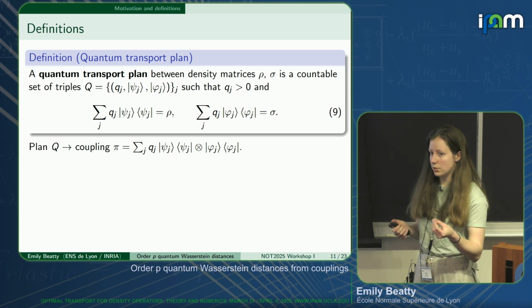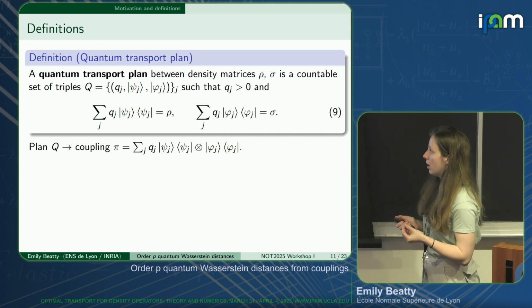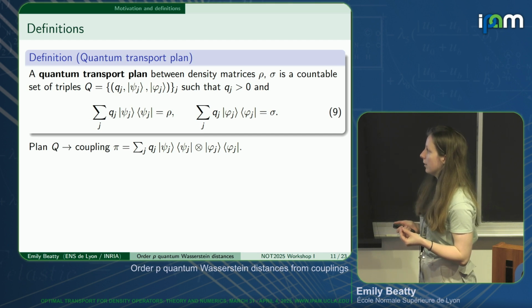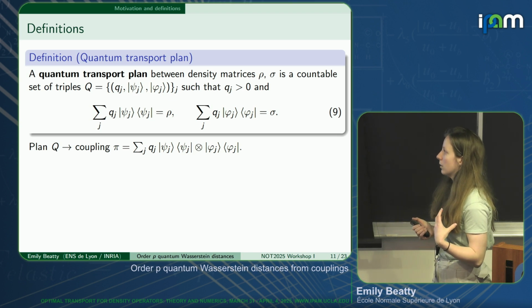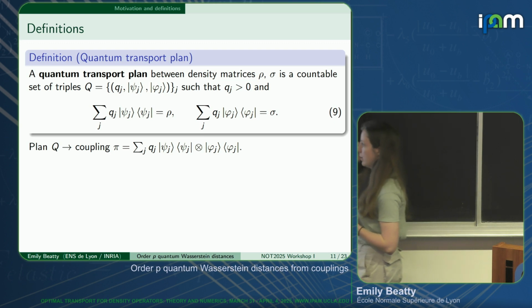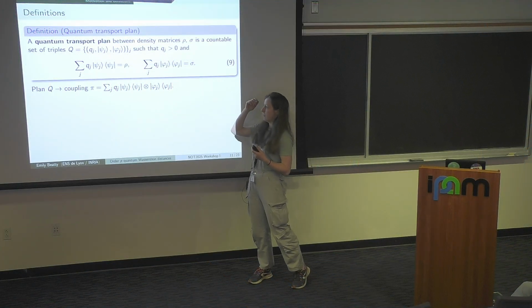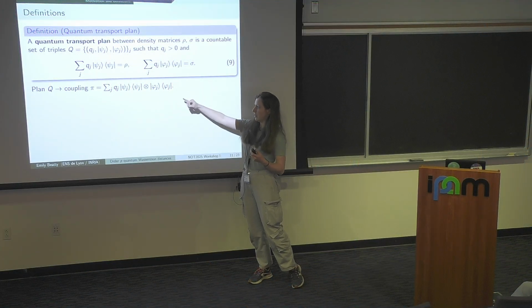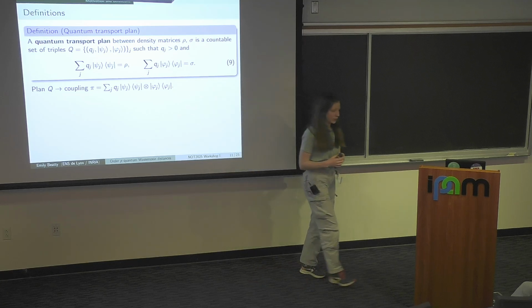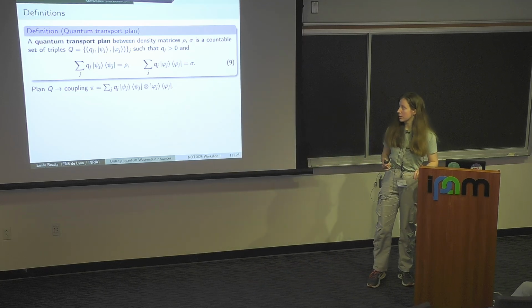And the marginal constraints become these conditions here where if you look at the total amount of mass that you transport, you should start with rho, and the total amount of mass you end up with is going to be sigma. This is where you recover couplings, essentially, in this definition. Any plan Q automatically gives you a coupling defined by this sum over states.